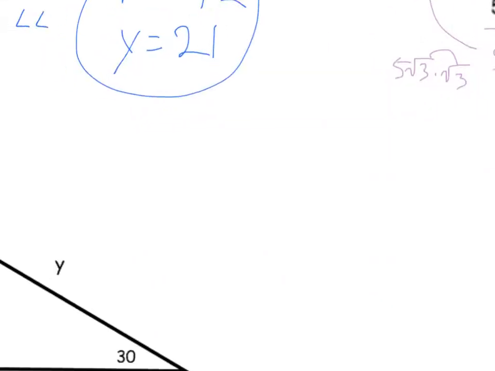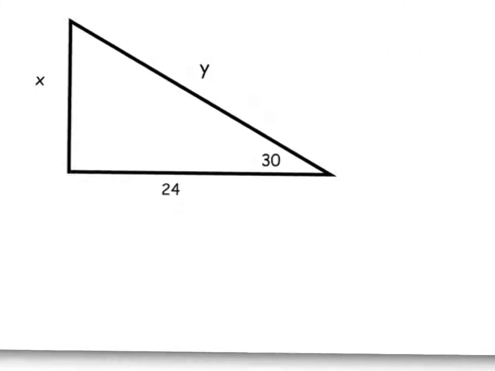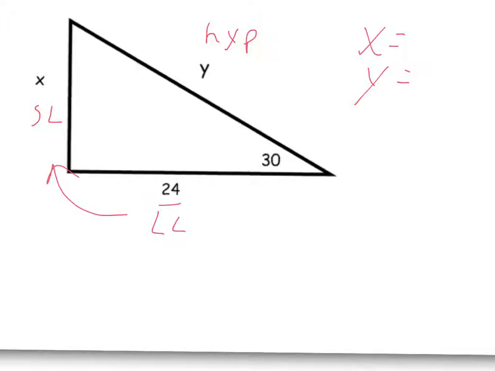Okay, next example. This is going to be the trickiest one you're going to find. You'll see some on your homework also like this. But this is your hypotenuse, this is your long leg, and this is your short leg. Well, we know what the long leg is. If we're going to the short leg, we're going to take 24 and divide by radical 3. If you use your calculator, that should be easy. If you don't use your calculator, we have to multiply because we can't have a radical in the denominator.